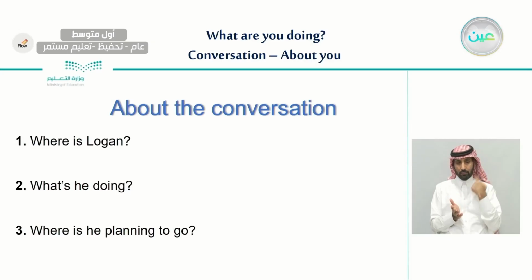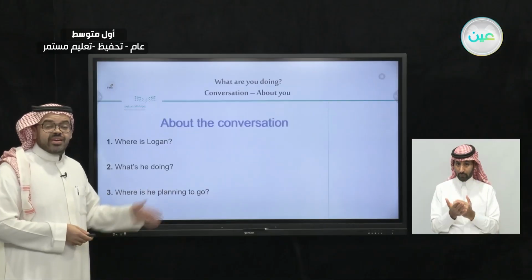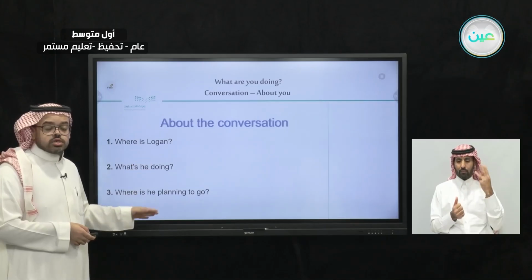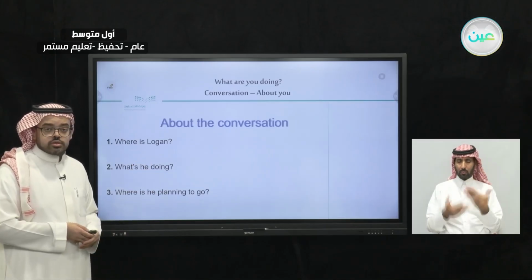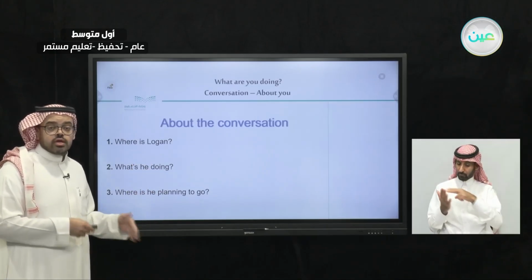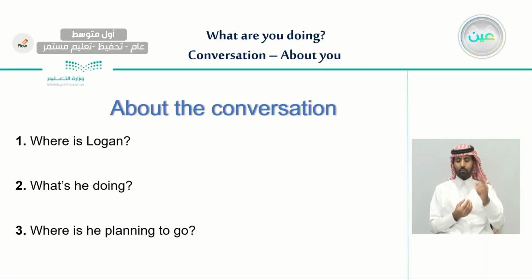Now, let's move on to the questions that follow this conversation. Here we have three questions about this conversation. Let's read them together and then we'll answer them. The first one is, where is Logan? And the second one, what is he doing? And what do you think we mean by he?